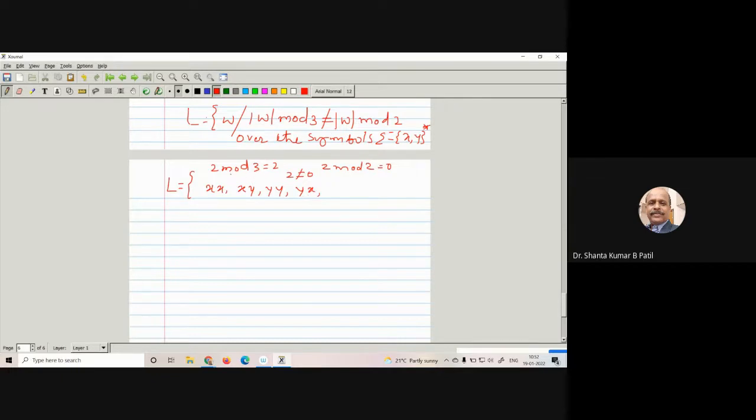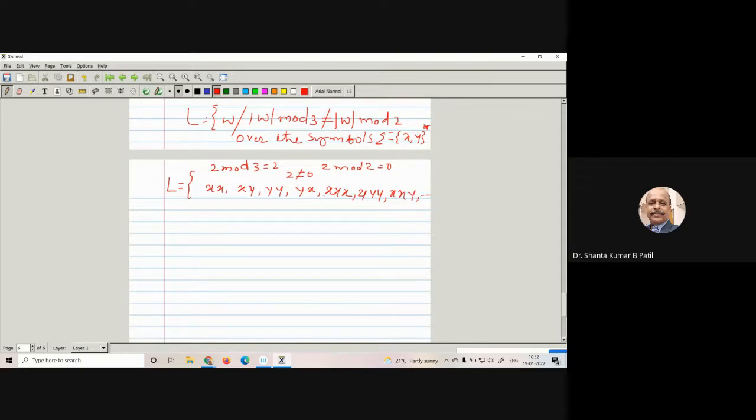How about 3? 3 mod 3 is 0 and 3 mod 2 is 1, so a 3-symbol string is also accepted, maybe xx, yy or combinations, xxy, like that.